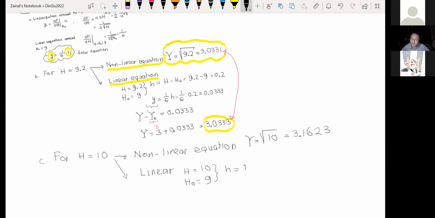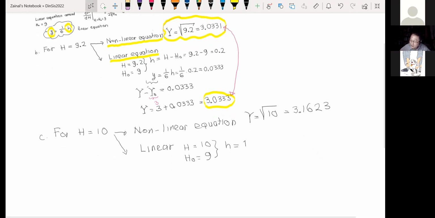And then Y is equal to 1 over 6 multiplied by 1, is equal to 1 divided by 6, is equal to 0.167.